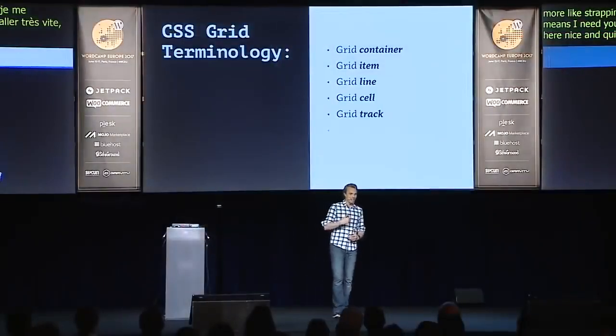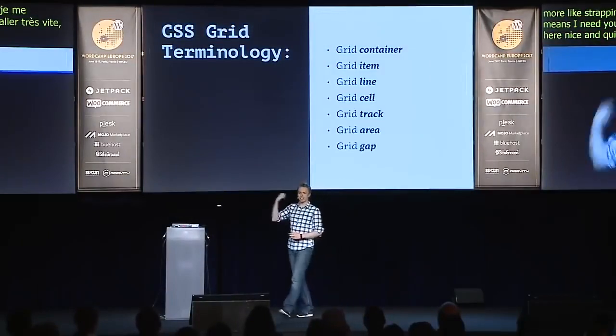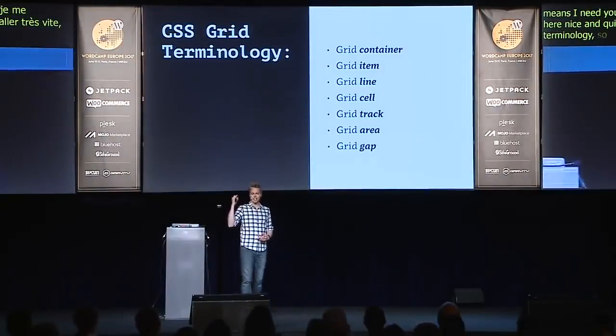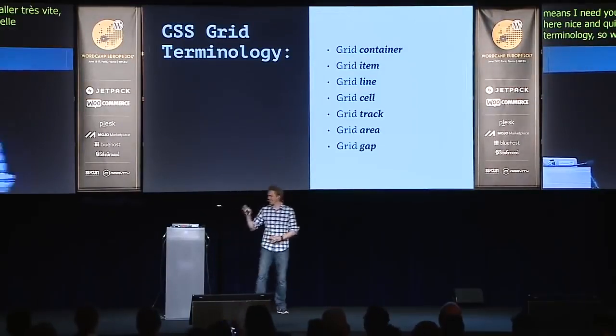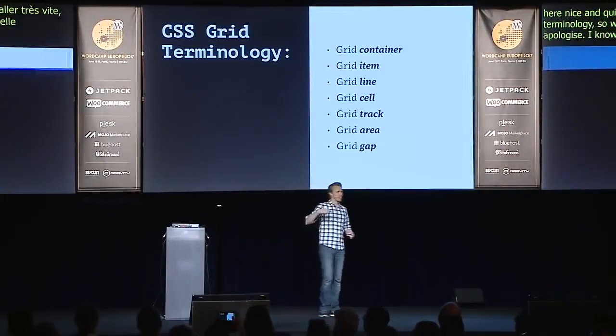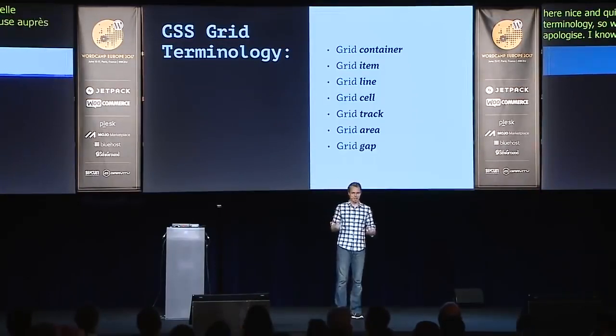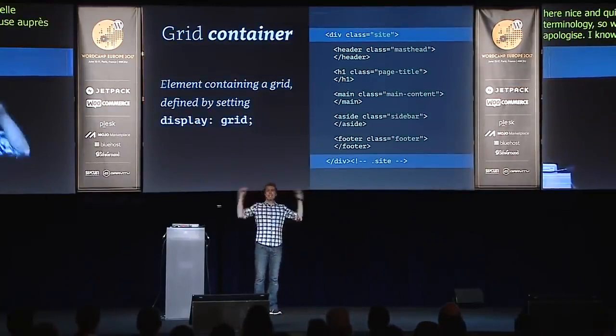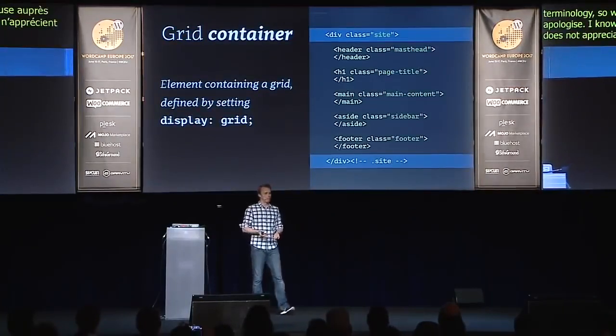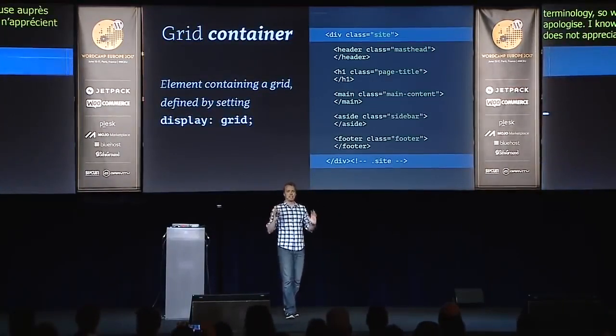CSS Grid needs new terminology. So we have grid container, grid item, grid line, grid cell, grid track, grid area, grid gap. I apologize. I know you have to do this. There's a simultaneous translator who does not appreciate me speaking fast. So grid container is any container in your document that you create a grid inside.